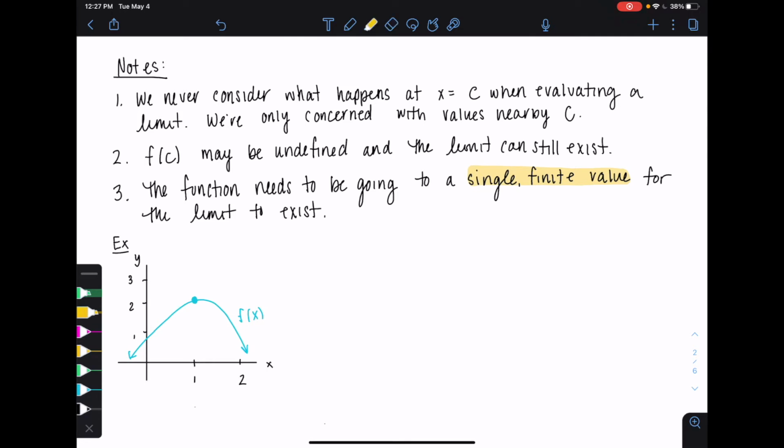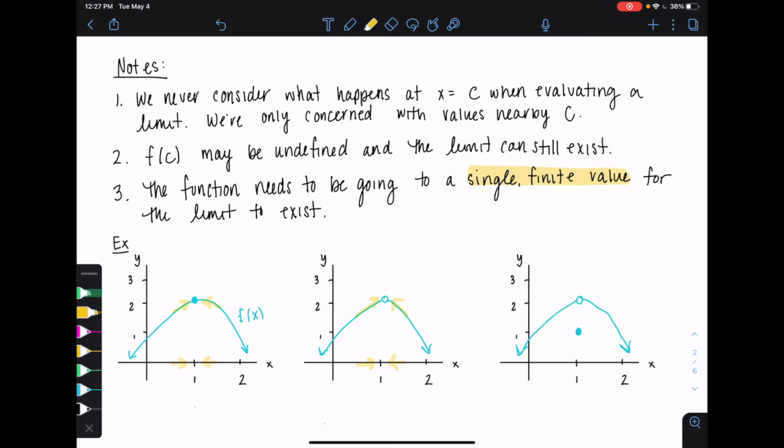First one, if I approach 1 on either side, my y values look like they're getting closer and closer to 2. So I could say my limit as x approaches 1 is 2. If I change this figure slightly, and instead of having a closed-in circle here, I make it an open circle, that does not change a single thing, because when I get closer and closer to 1, as I trace this graph, my y values are still getting closer and closer to 2.